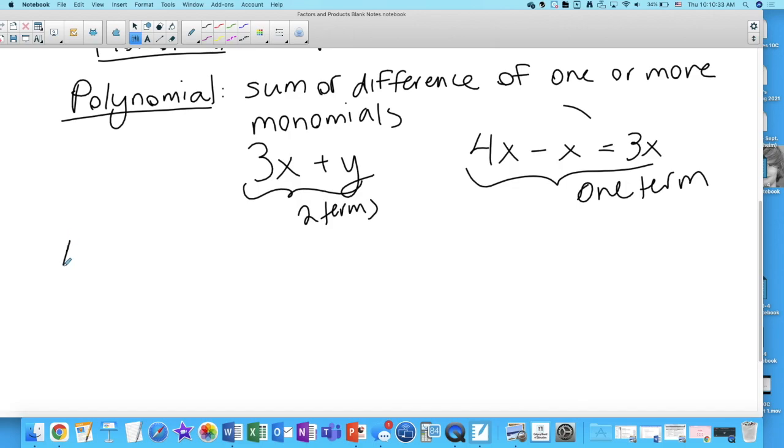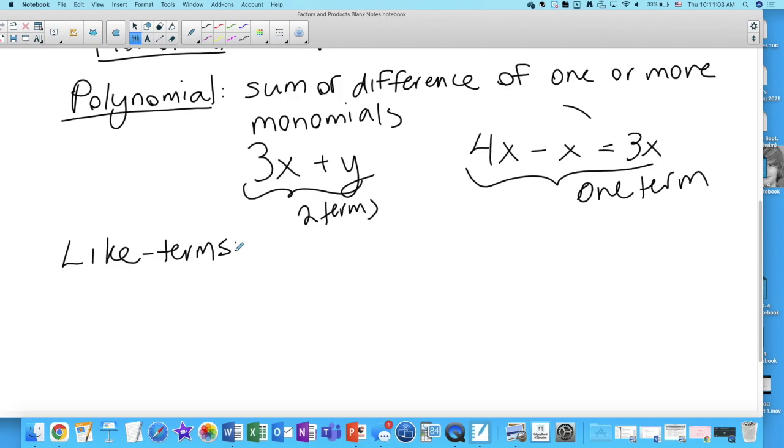How do you know if 2 terms are like? Is x squared and 4x squared like? Yep. Is 5x cubed and 4x squared like? No. Is x squared y and y squared x like? No. So here's how you tell.